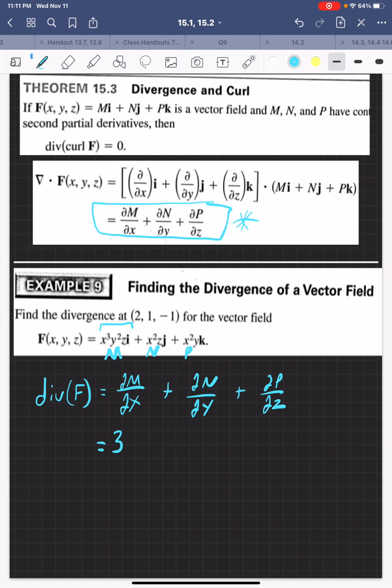That's going to be 3x squared y squared z. Now, if you take the partial of N with respect to y, and there are no y's, that's going to be 0. If you take the partial of P with respect to z, there are no z's, that's going to also be 0.